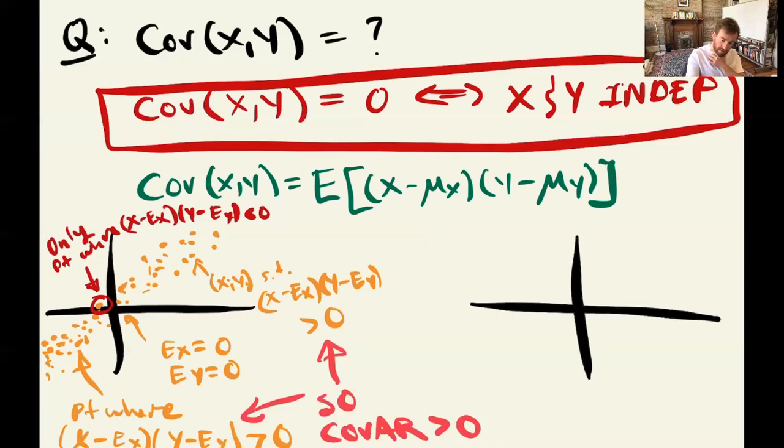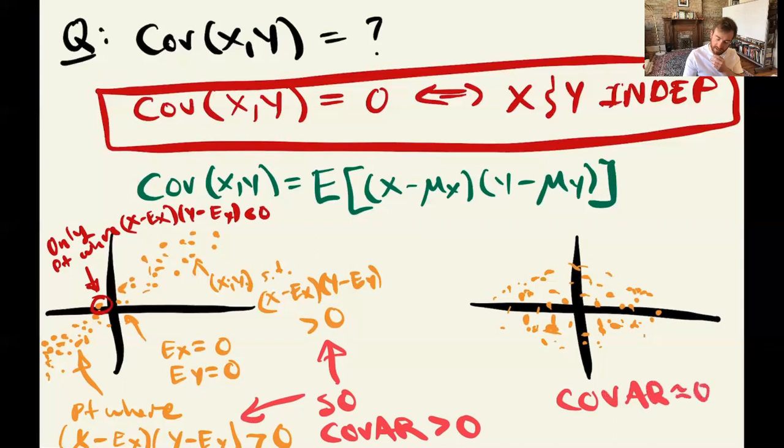But if I had a situation where, let's say, my points looked a little more like this. Well, this is a situation where covariance should be approximately equal to 0.